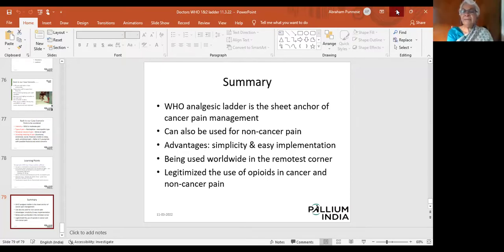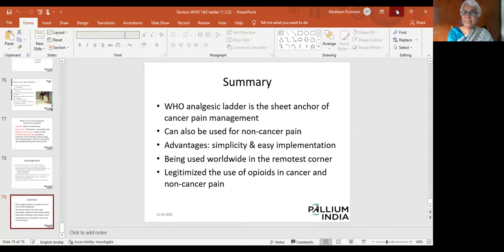See, where nociceptive pain is concerned, you don't really want the patient to wait and things like that, right? You can make out within 24 to 48 hours whether he's responding or not. And then if he's not responding, rather than him suffering from pain, I think it would be better to move up the ladder. But when neuropathic pain is concerned, like I said, antidepressants take a week or two to start working.